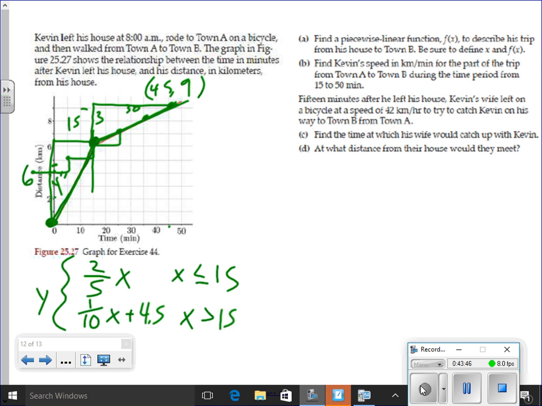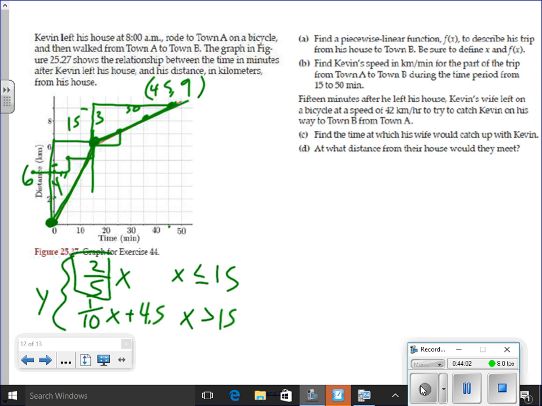So he went a little faster. His speed was 2/5. 2/5 is how fast? That's 2/5 of a kilometer per minute.